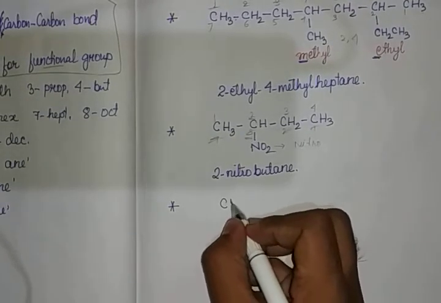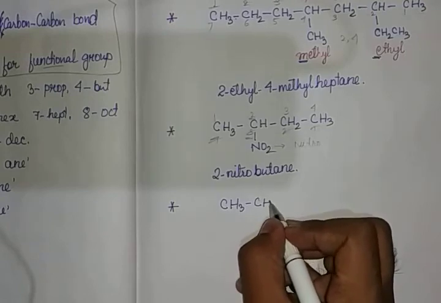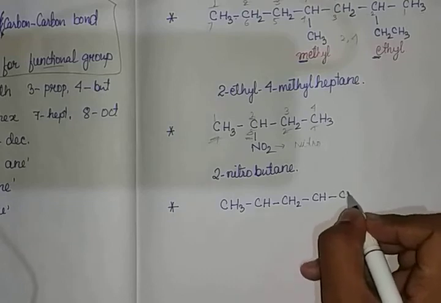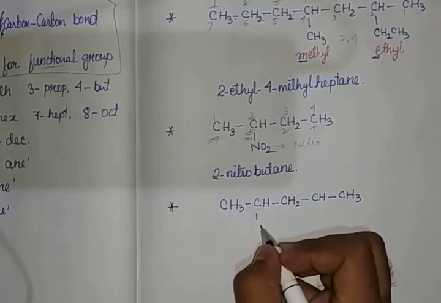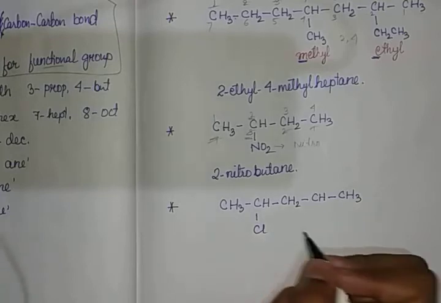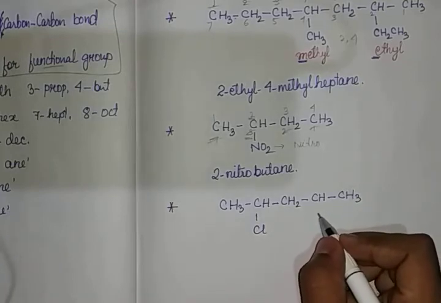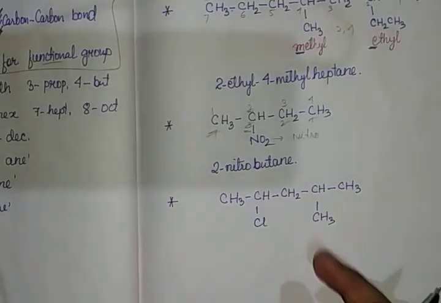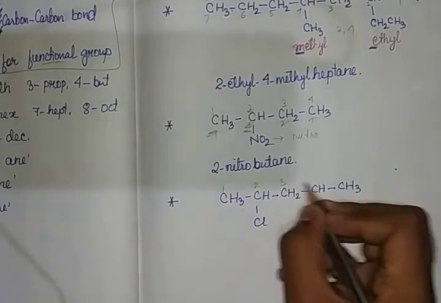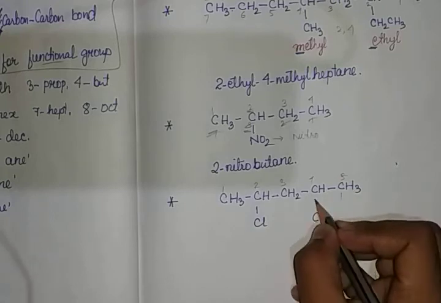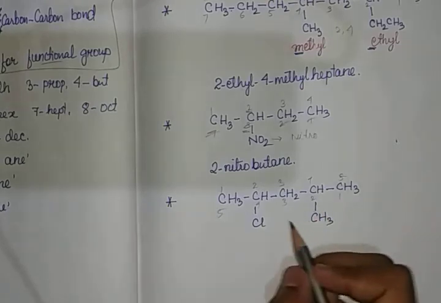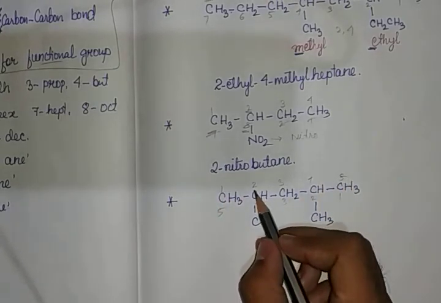Another one. Suppose here I have added a Cl and here I have added this. In the naming sequence, once again the numbering, 1, 2, 3, 4, 5, 1, 2, 3, 4, 5. Now here you see, if we are starting from this side, it is getting 2 and 4.